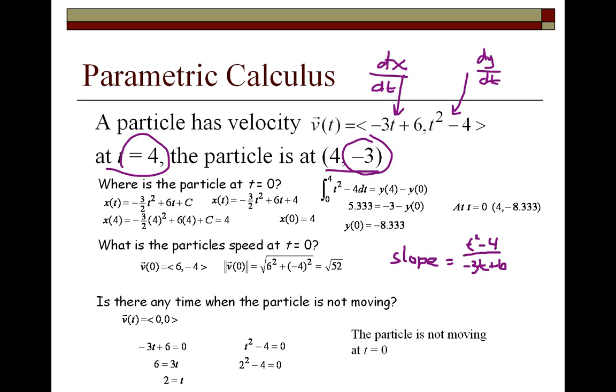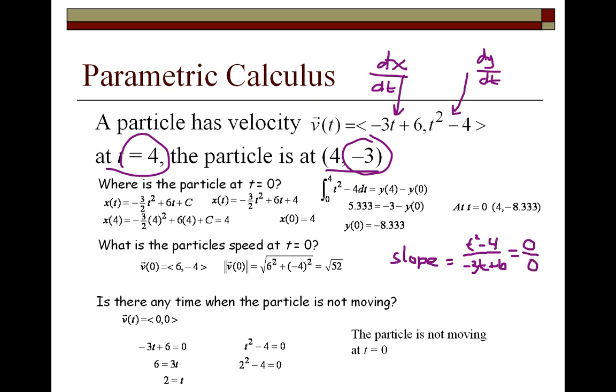Well, what if they ask you, is there any time when the particle goes vertical? Well, if it goes vertical, then the denominator of my slope has to equal 0. Well, that happens, we already found, at t equals 2. But what happens if I plug in 2? If I plug in 2, I will get 0 over 0. If this happens, you can use L'Hopital's rule.